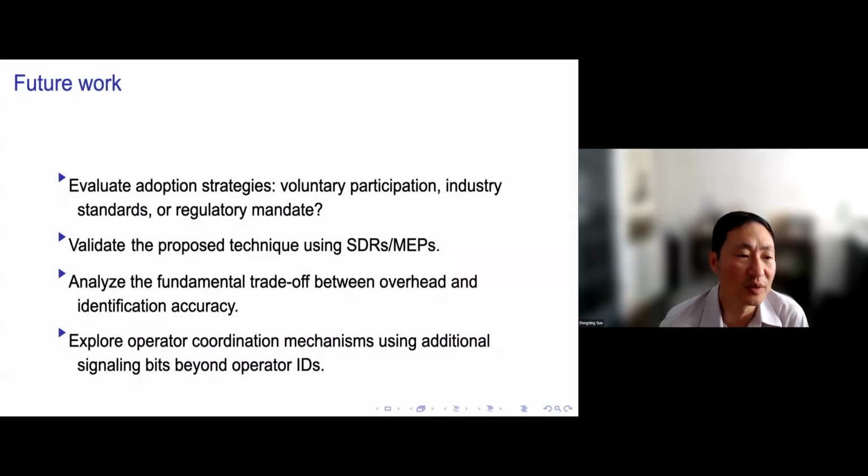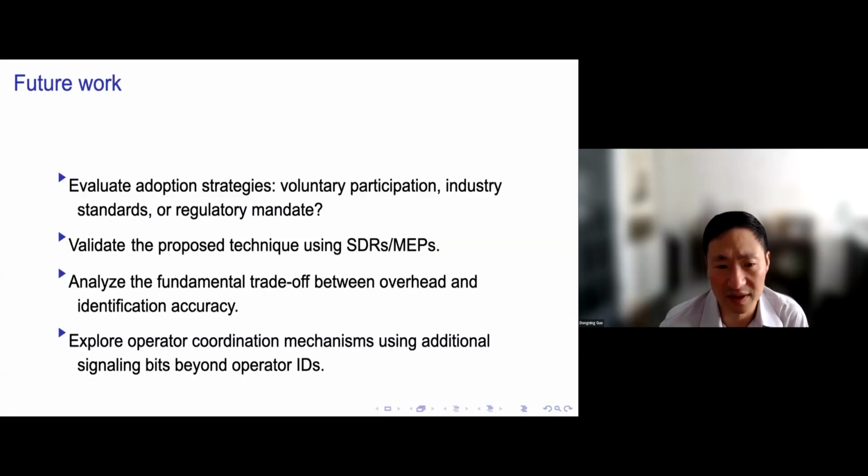So in terms of future work, we would like to further evaluate, let's say on the policy side, why anyone would adopt this strategy. We can think of a few ways: multiple operators might decide to voluntarily include their IDs because the facility benefits all of them, and there might be some game theoretic formulation there.